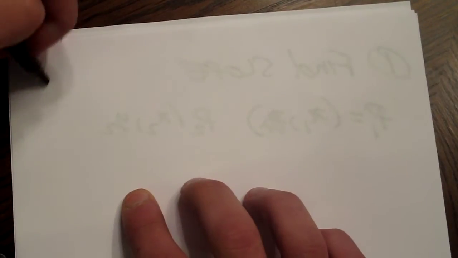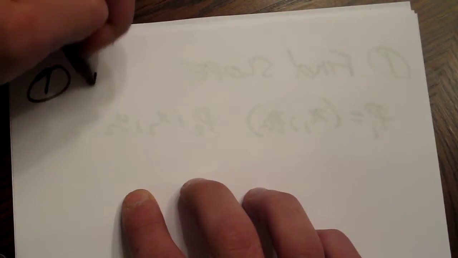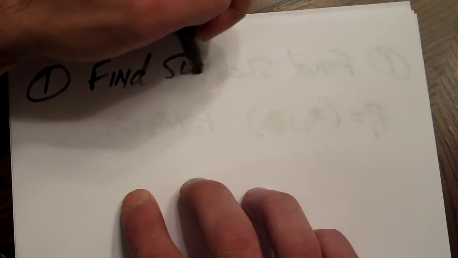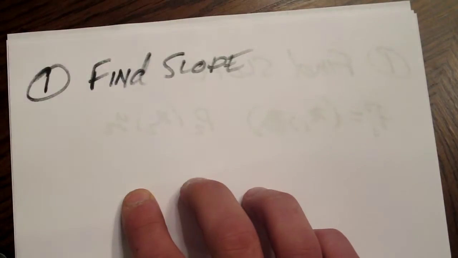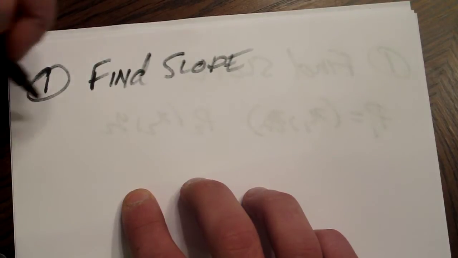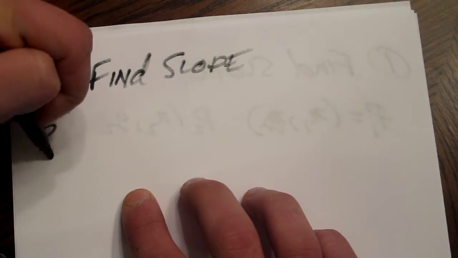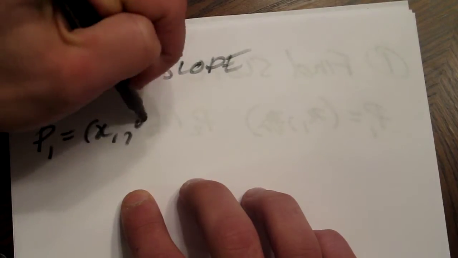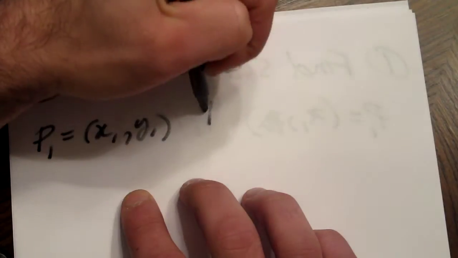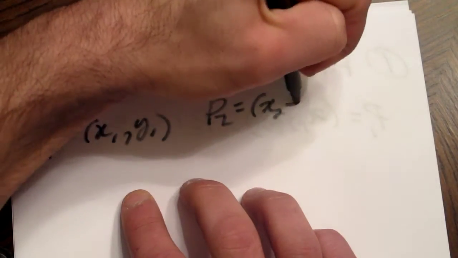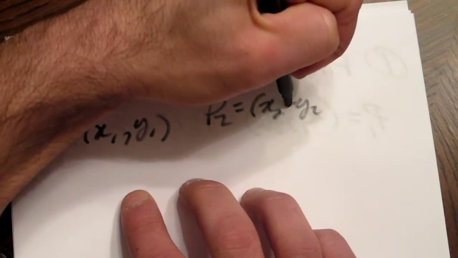First step is to find the slope. And so what we're going to do is use the given points to find that slope. So say here's our first point, x sub 1, y sub 1, and our second point, x sub 2, y sub 2.